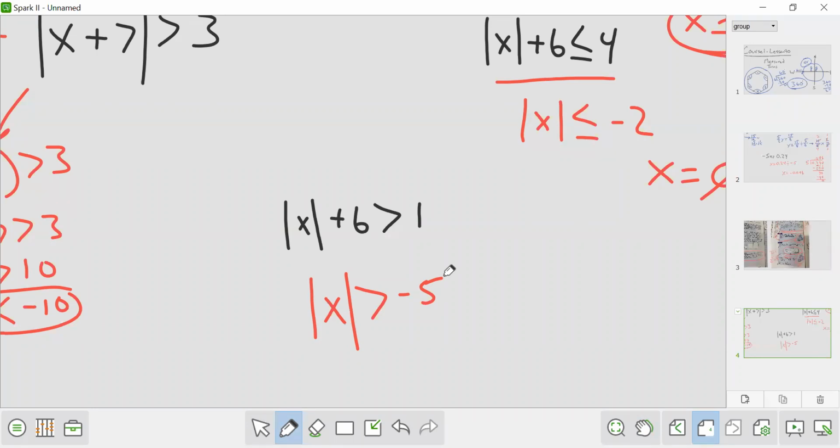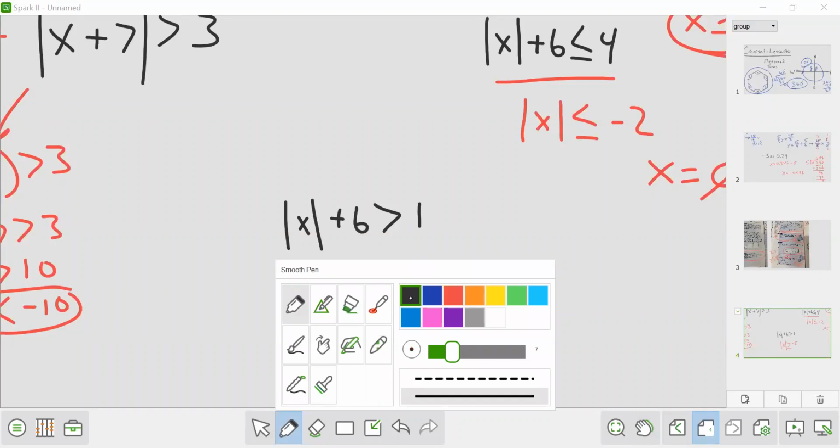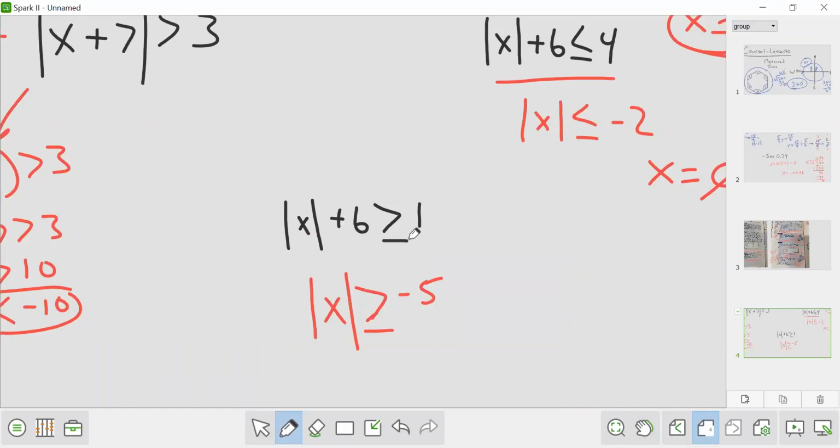X could almost be anything because it can be any set of real numbers, especially if I said or equal to. There's nothing x can't be. So you would say x is equal to, and you do your little symbol, a set of real numbers. It can be anything. So that's how you manipulate those types of equations.